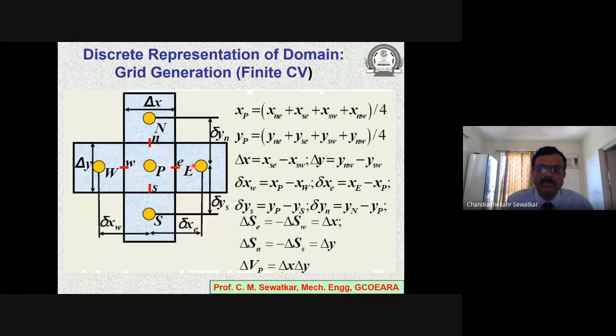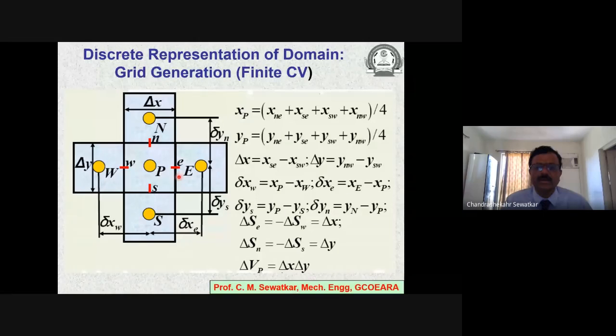I will be able to obtain the temperature gradient, but that temperature gradient will be available at the point of intersection between the line joining capital E and capital P and the area. So here, what I do is assume that this temperature gradient prevails over the entire surface.